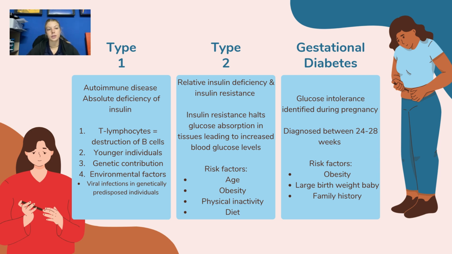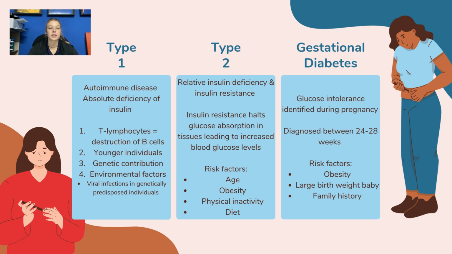Relative insulin deficiency and insulin resistance are characteristics of type 2 diabetes. The insulin resistance halts the glucose absorption in these tissues, leading to increased blood glucose levels. Possible contributing factors include genetics, environment, and abnormal hormonal secretion.